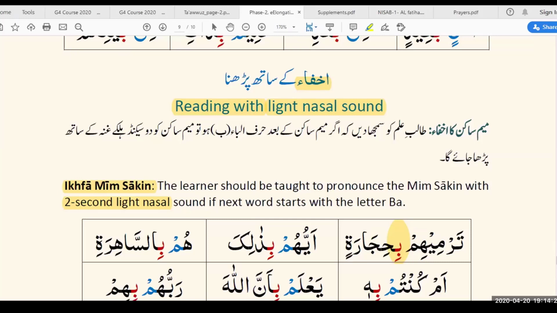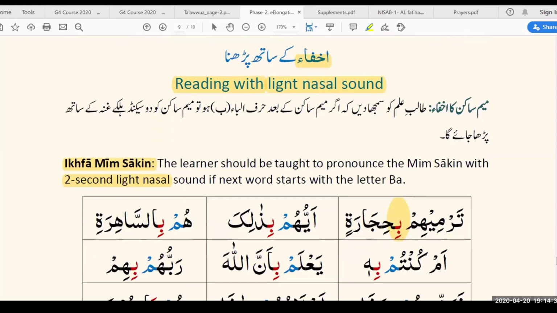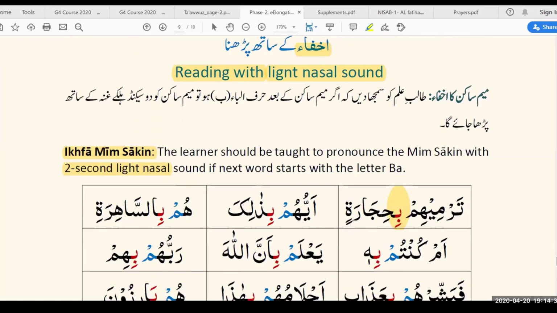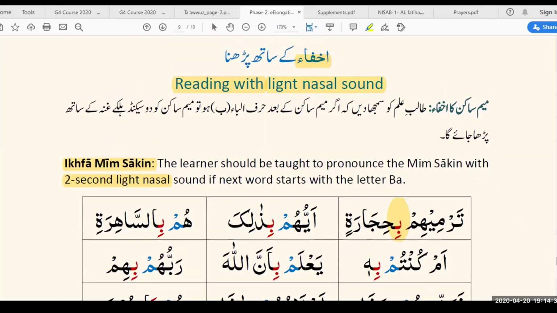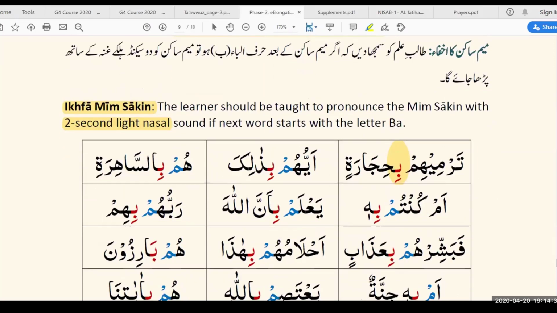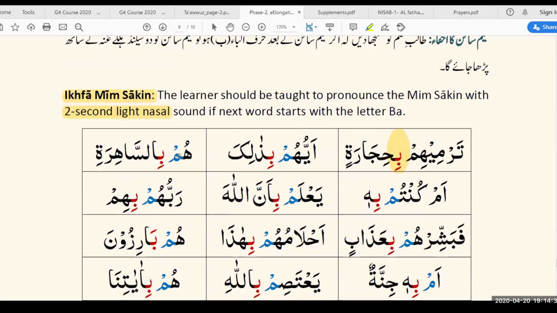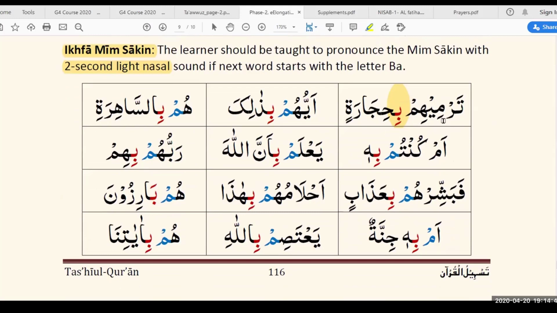If you take all of those away, all the letters that are left are the ones that you do the ikhfa on. So for now, we're going to be practicing the ikhfa mim sakin just for now. Don't worry. Inshallah, you will learn it. Let's do the first line again.